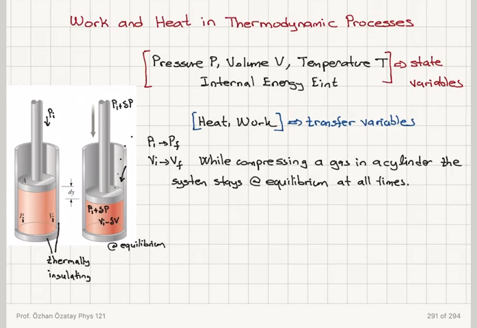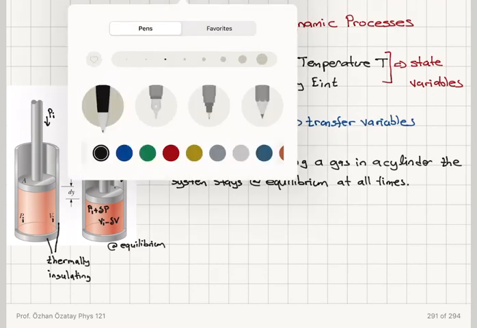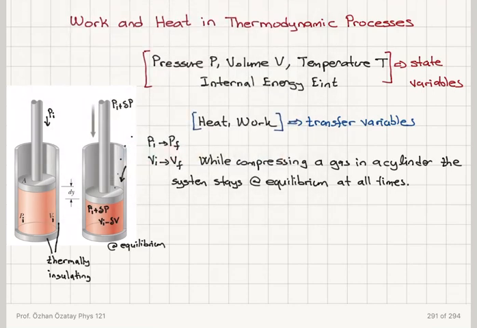And how do I do this? I do this increase in the pressure so slowly that I disturb the system just a little bit, and equilibrium is re-established at every single step of the compression process. This is called quasi-static compression.